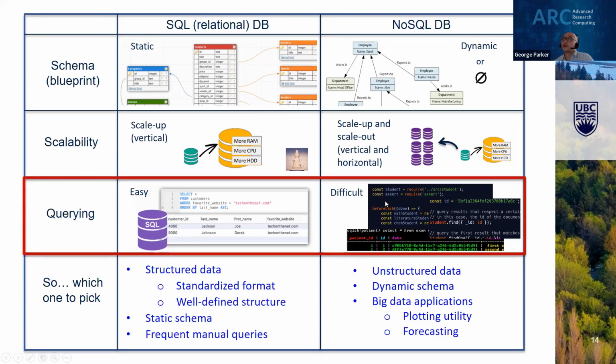Querying. Querying a SQL database is easy and straightforward, and there is a standard syntax for doing that. In this example, I am requesting everything, all the data in this customers table, where favorite website is techonthenet.com, and I want to order my results by last name in ascending order.